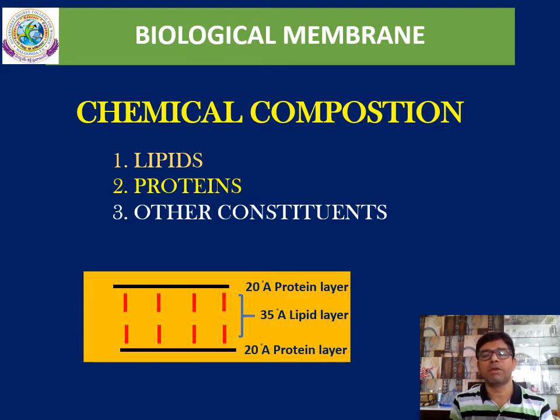Each layer measures about 20 angstroms in thickness. Altogether, the thickness of the plasma membrane is 75 angstroms. So in this way, lipids and proteins are important constituents of the plasma membrane.